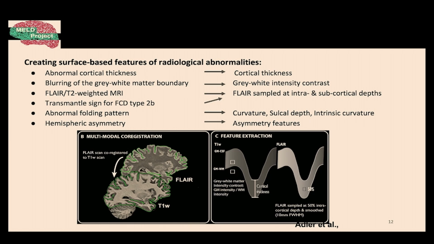So when the contrast is low, that blurring measure goes down. You can also sample the FLAIR volume at different depths and into the white matter to try and capture that transmantle sign. And then you can also look at folding patterns of curvature, sulc, and intrinsic curvature. And finally, because we're using a symmetric template surface, you can just subtract the two to get the asymmetries of any of these features as well.